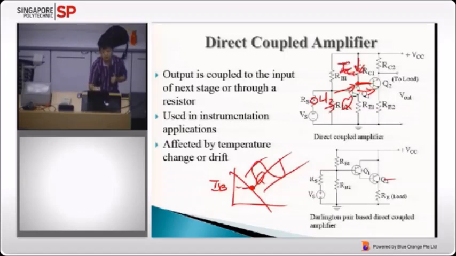We know that IC is beta IB. If IC changes, IB will change. IC is the collector current, the current that flows down through the collector. Go and recap. Now next I'm going to touch on the second method.